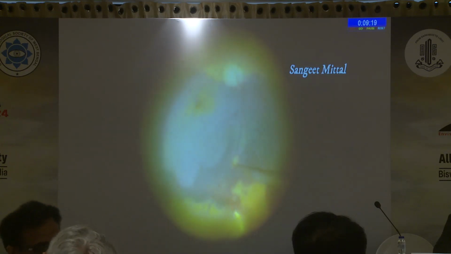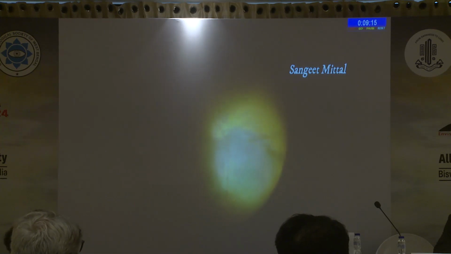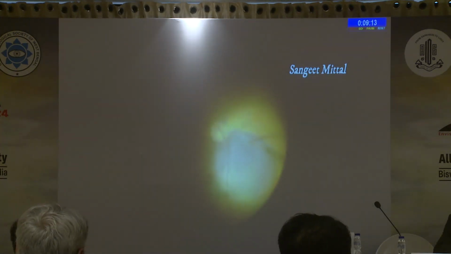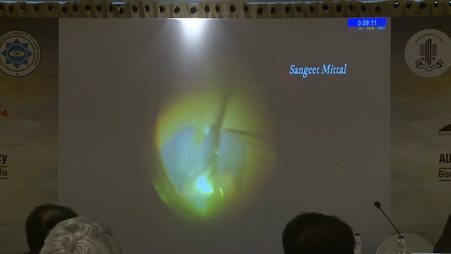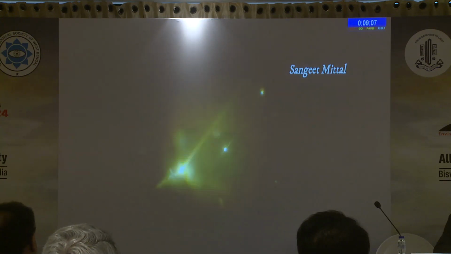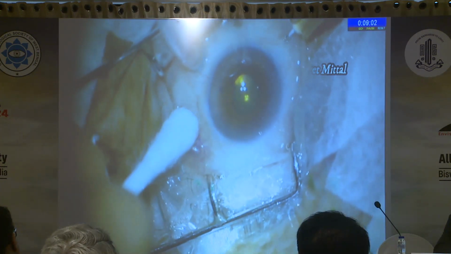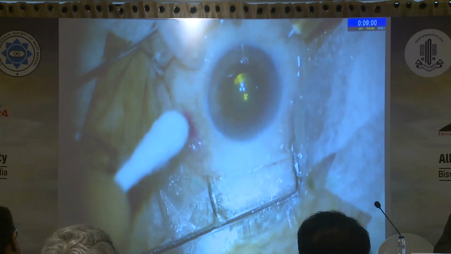Subretinal bleb was raised slowly with the help of a self-made subretinal fluid injector. The injection was done at 2 different sites. Fluid air exchange was done. SF6 gas was used as tamponade. Patient was advised prone positioning postoperatively.